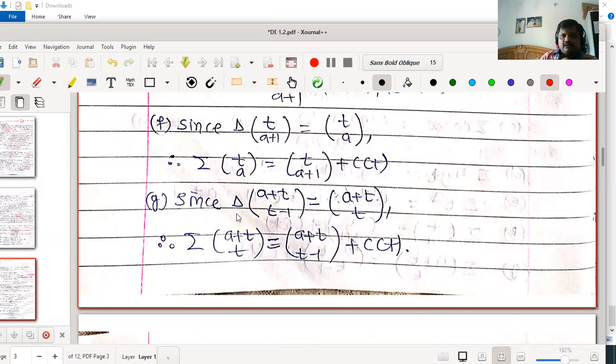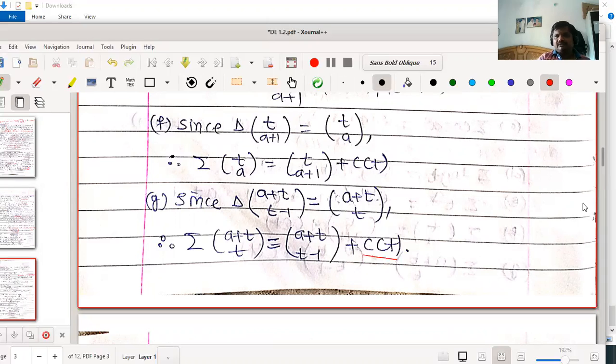And lastly, delta of a plus t to the rising t minus 1 equal to a plus t to the rising t, because while finding delta of t plus r, t minus 1 equal to t plus r, we know that. This is the formula for finding a plus t, t minus 1, here one is added if this term is variable, not constant. So delta of a plus t to the t minus 1 equal to a plus t to the t. Therefore summation of a plus t to the t equal to a plus t to the t minus 1 plus c of t.